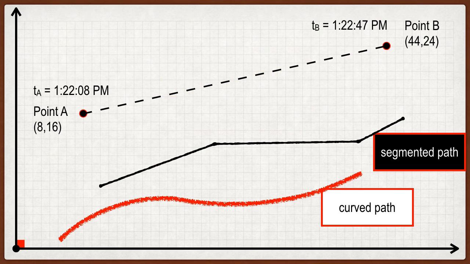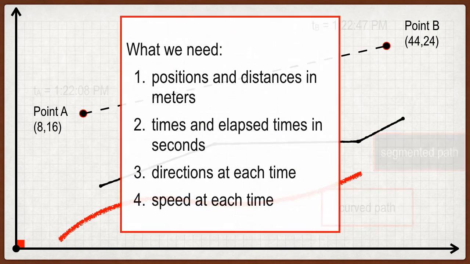So here's a rundown of what we need to describe and to predict the future state. Positions and distances in meters. That was the first thing we did. And then times from the clock. And then elapsed times from subtraction.